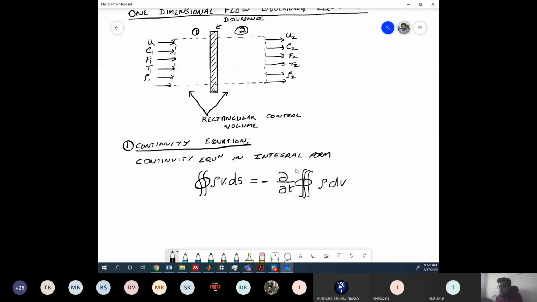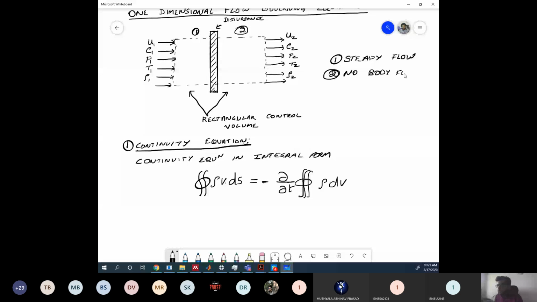Now the first assumption we take when doing this simplified equation is that the flow is steady. The second is no body forces.